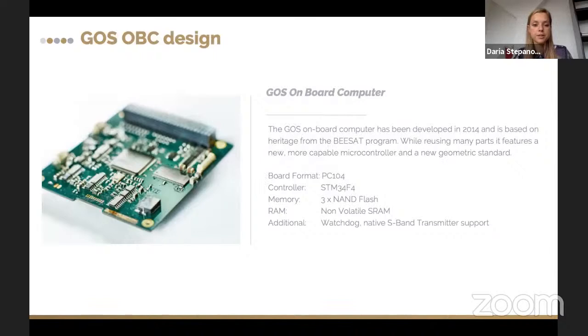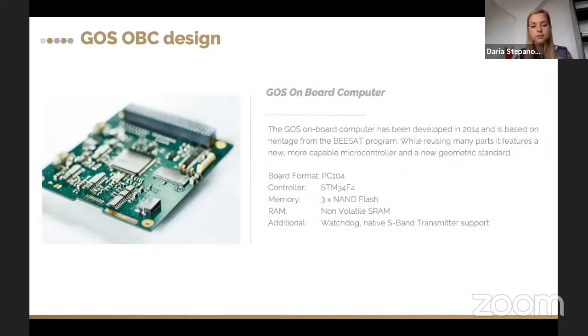As for the controller, STM32F4 is used. It has 3 non-volatile flash memories with radiation protection, non-volatile space-grade SRAM, and native S-band transmitter support for high-speed downlink. It was developed back in 2014.